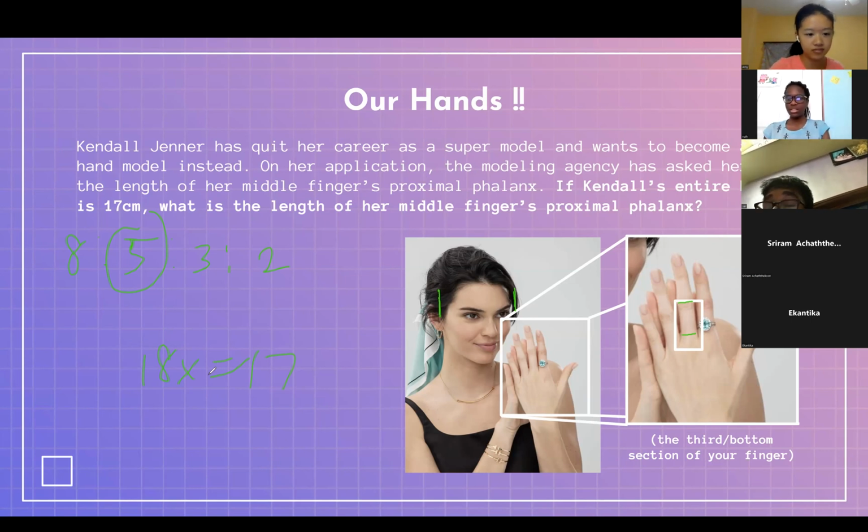Divide by 18 on both sides and get x equals 17 over 18. Then you go back to the original equation and plug that into 5x and get 4.72 centimeters. Good job.